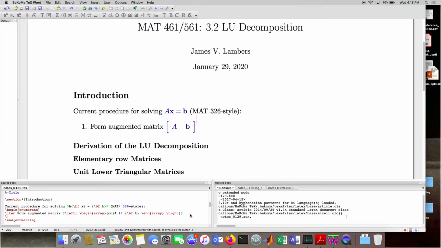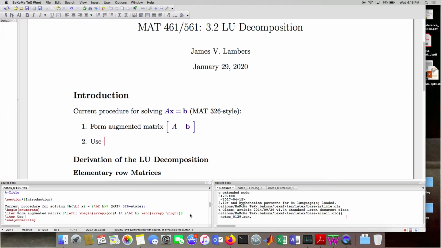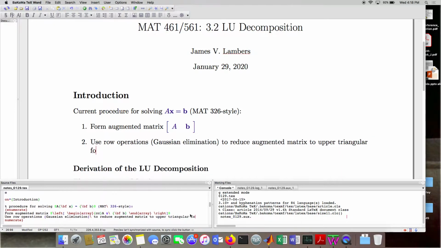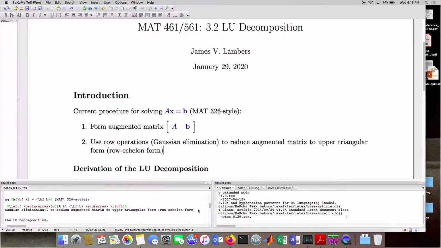And then use row operations, and this is Gaussian elimination, to reduce the augmented matrix to upper triangular form. In those classes, it's referred to as row echelon form. Okay.